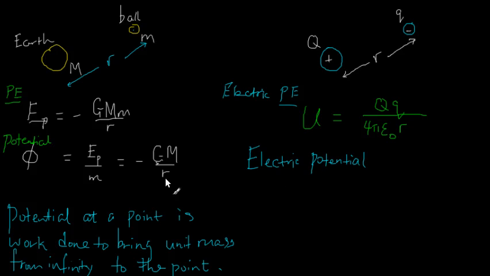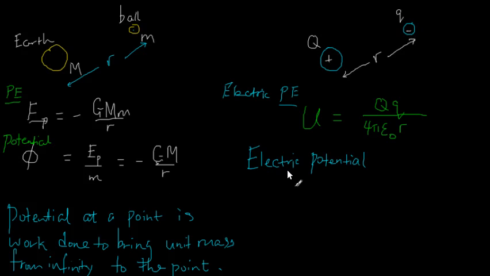In the case of gravitational potential, it's the potential energy divided by mass, or for a unit mass.